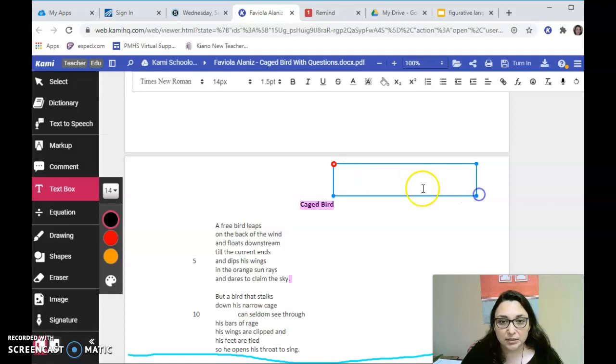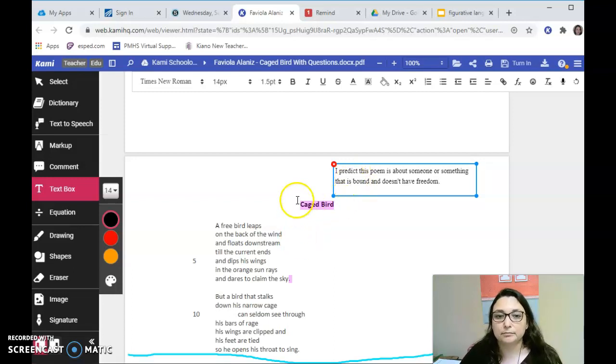What do you think this poem will be about? I know why the caged bird sings. Well, I know when something is caged, it is bound and it doesn't have any freedom. So that's what I'm going to put. I predict this poem is about someone or something that is bound and doesn't have freedom.